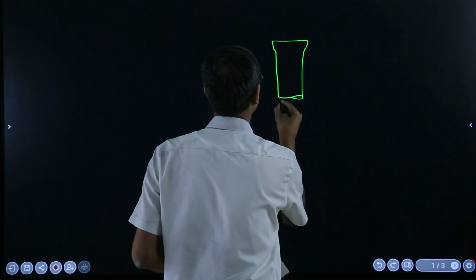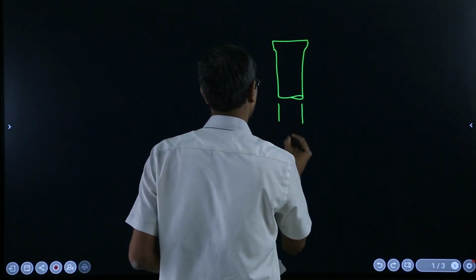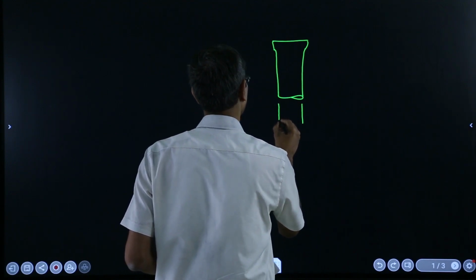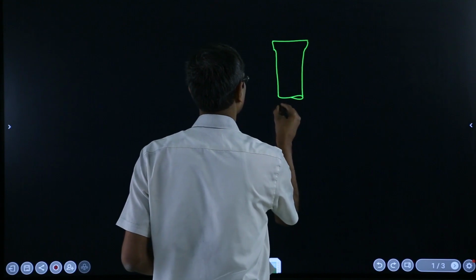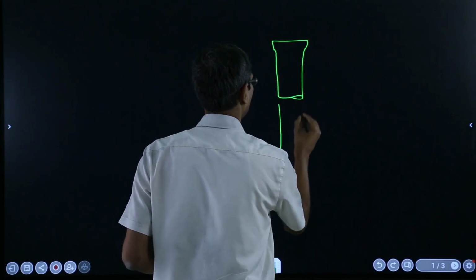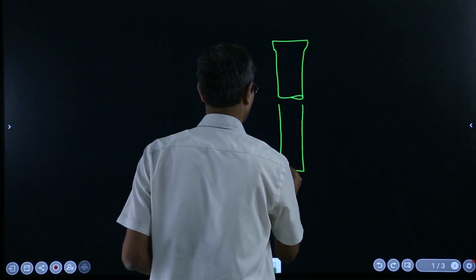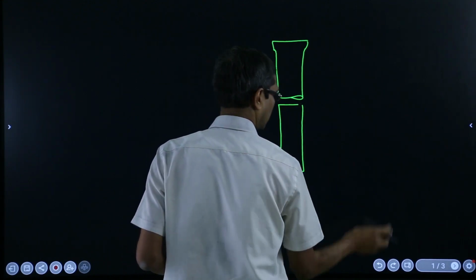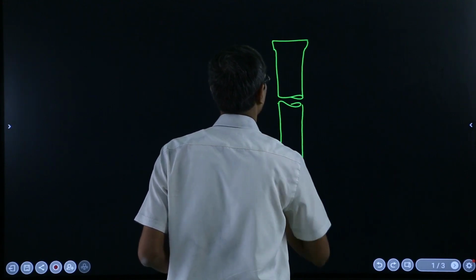Sorry, should be in the same straight line. Yeah, maybe sorry, let me do it like this. Okay, so here again something like that.